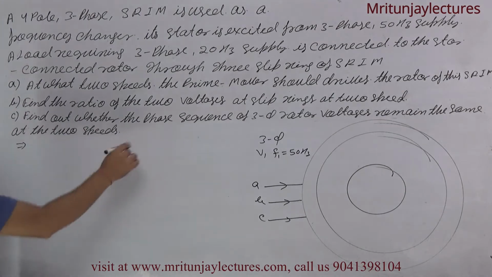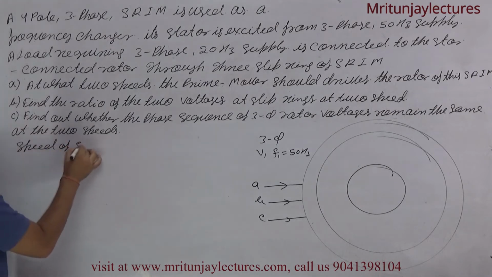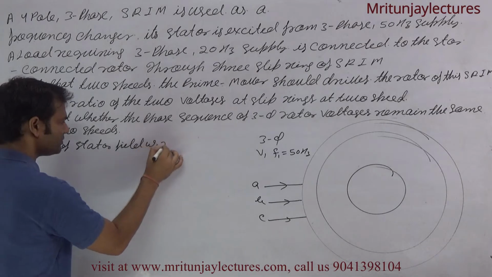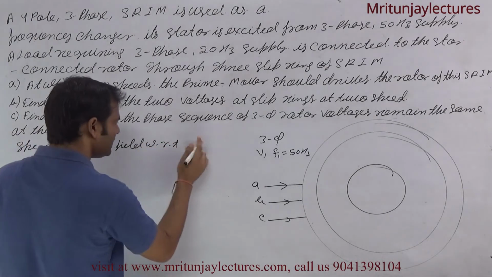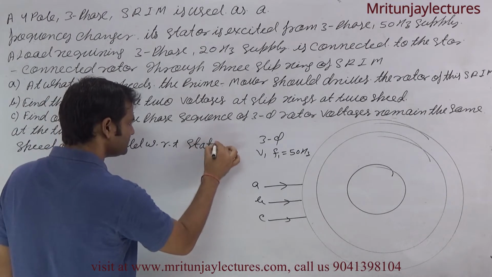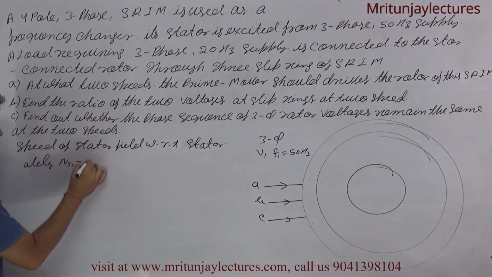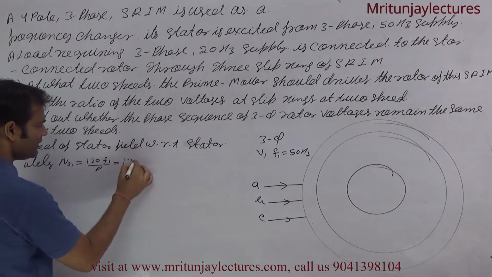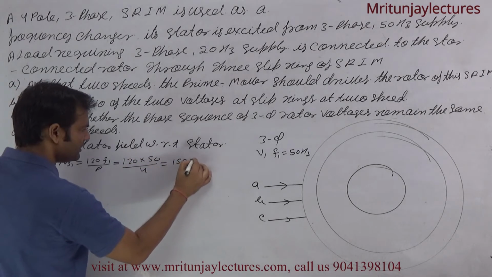So the speed of the stator field with respect to the stator winding, that is NS1, is 120 F1 by P. With F1 of 50 Hz and P equal to 4 poles, that is 1500 RPM.